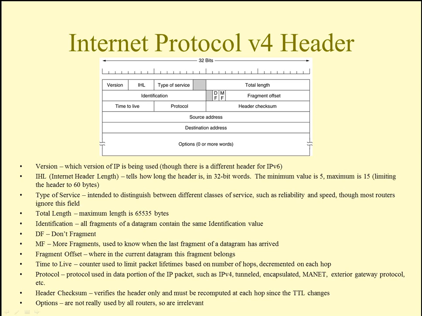Since this is not typically the case and not all routers implement them, oftentimes we would have 0 options at the bottom. And then after the options is where we get into the payload of the IP packet, and the payload of the IP packet is the segment from layer 4.